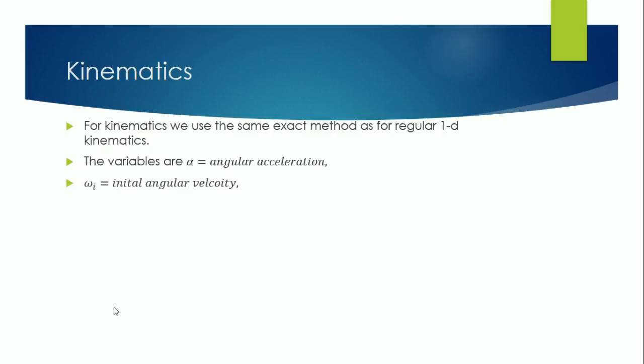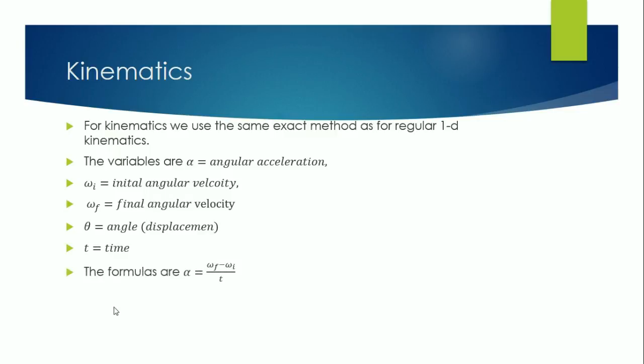Then there's omega sub i, which is initial angular velocity, omega sub f, final angular velocity. Theta, which is the angle or the displacement. Just like x in kinematics, theta replaces x. So it's the angle of displacement. And t is for time.